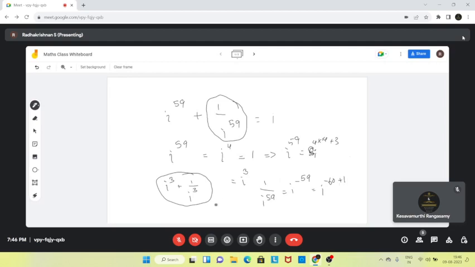Just like you got this as I cube, this will become I. So basically this is I cube and this is I. And you know that I cube is minus I. So it is 0. Okay.